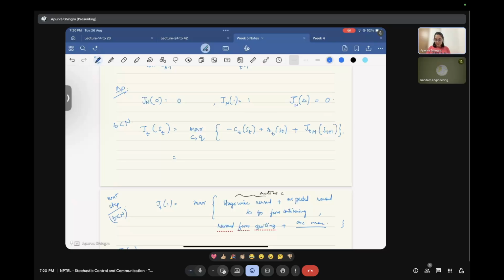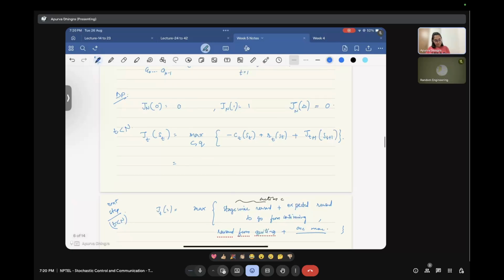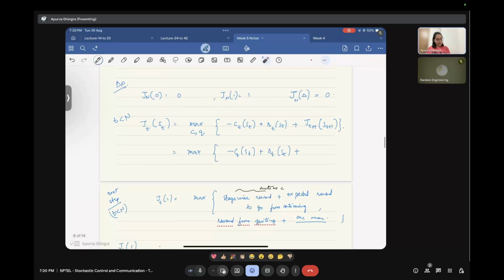So this has the form of a max between, if it's continuing, so this term is there, this term is there, and now this term, the last term, this is pretty much something like an expectation of a reward, like whatever happened in the previous step.